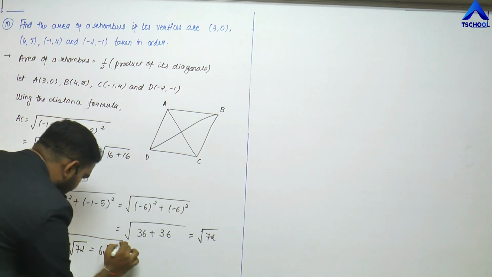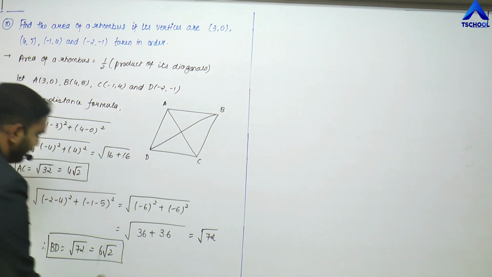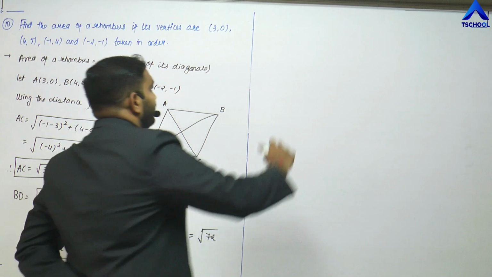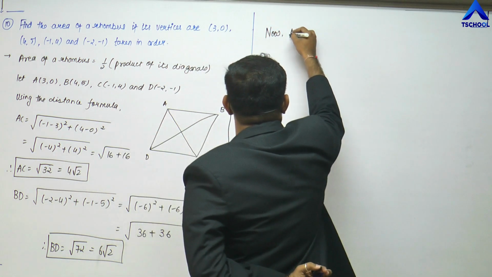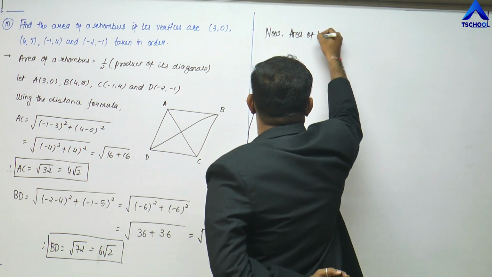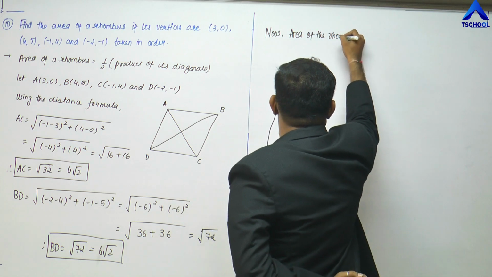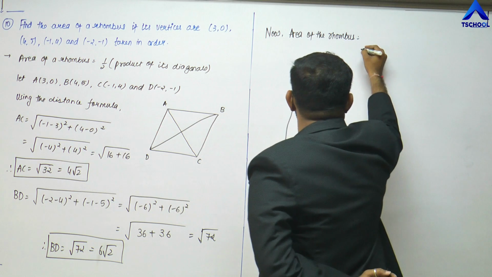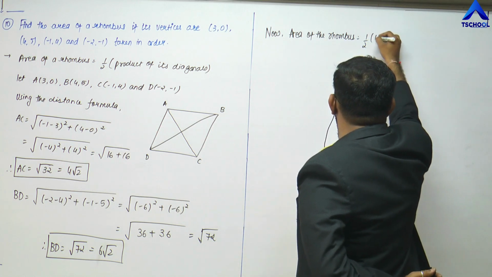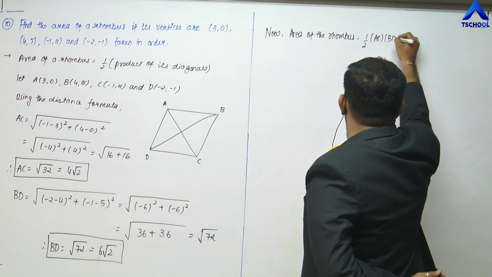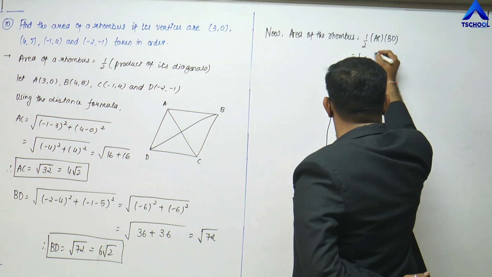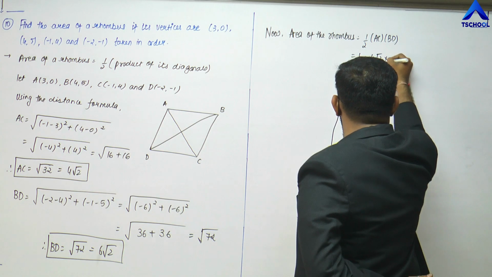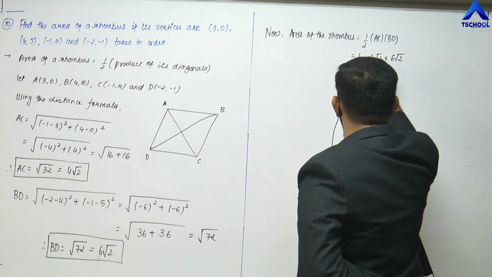So we got the another length of the diagonal, that is BD. Now using the formula, area of the rhombus equals half into AC into BD, which is half into 4 root 2 multiplied by 6 root 2.